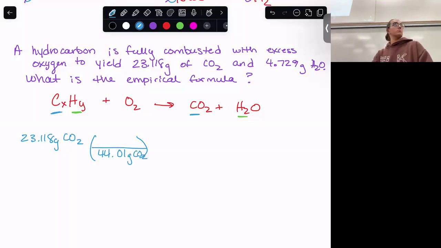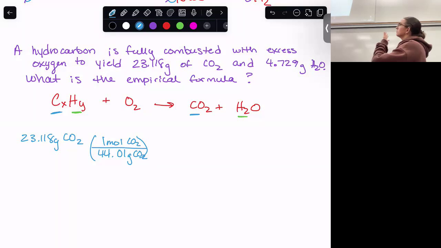And that's for how many moles? Just one, yep. And how do we get to moles of carbon? Set up a mole ratio, perfect. So for every one CO2 molecule, how many carbon atoms do we have? Just one.